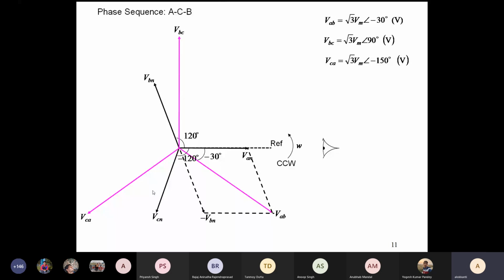Actually, mostly it can even be used for braking. Suppose there is a traction motor pulling a railway engine which is connected to a huge goods train. The motor is operated in a particular phase sequence, and there is another way of braking the engine, just by changing the phase sequence.